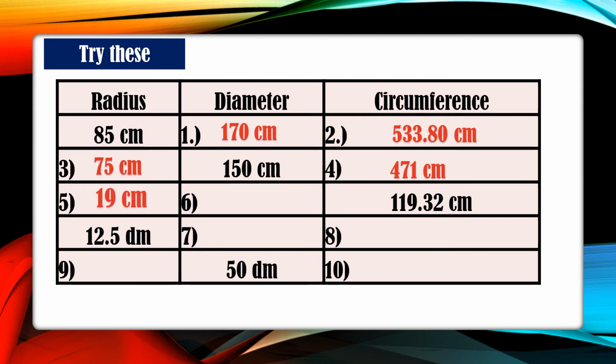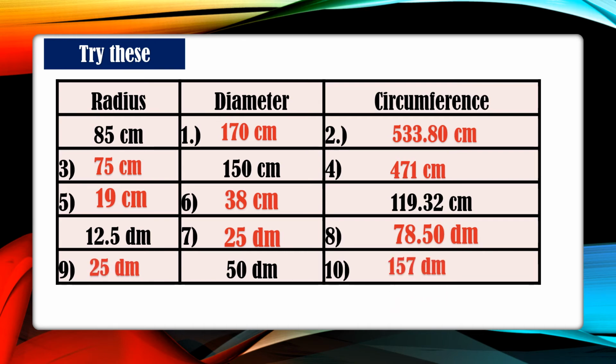Number 5 is 19 centimeter. 6 is 38 centimeter. 7 is 25 dm. Then 8 is 78.50. And 25. Number 10 is 157. Okay, all are correct. Very good.